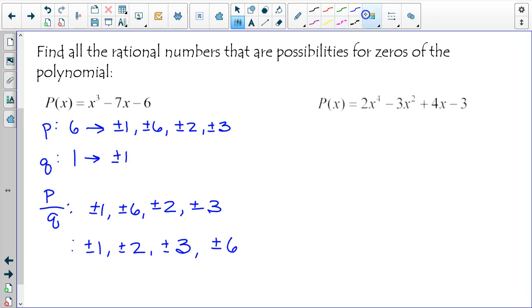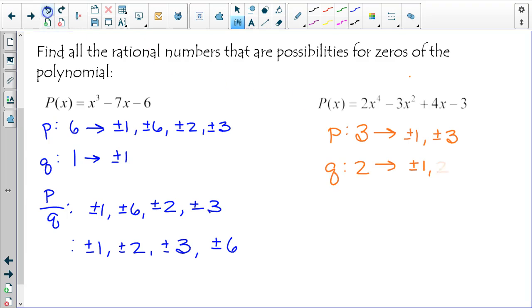All right, so let's do this next one. What's p? 3. We don't care about the negative, okay? I'm glad you know it's negative, but for this we don't care because we always put plus or minus. And the factors? 1 and 3. Okay, what's q? 2. So what are the factors? 1 and 2.